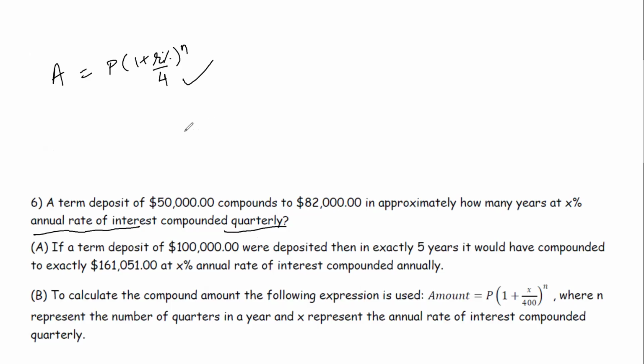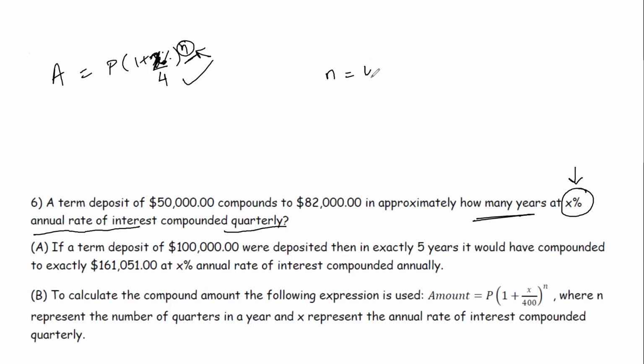And to get the answer, how many years, we just need to figure out the value of X, because once we get the value of X, then we can figure out the N. Once we figure out the N, then we divide N by 4.